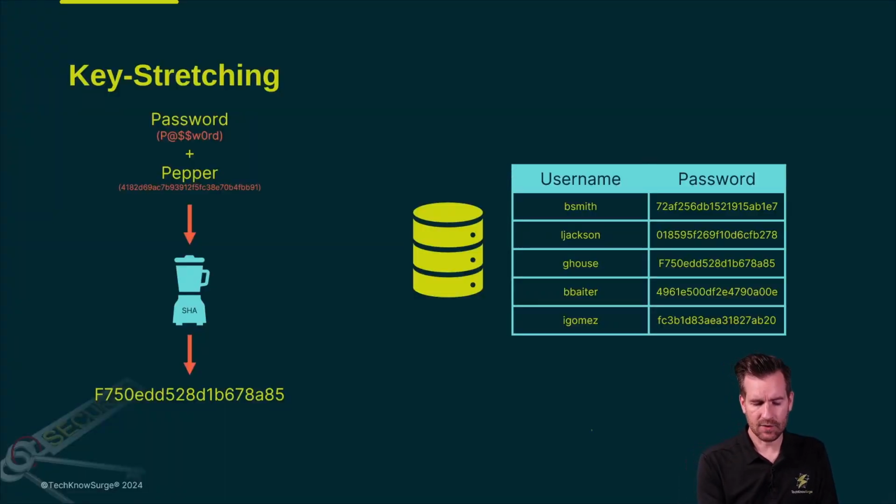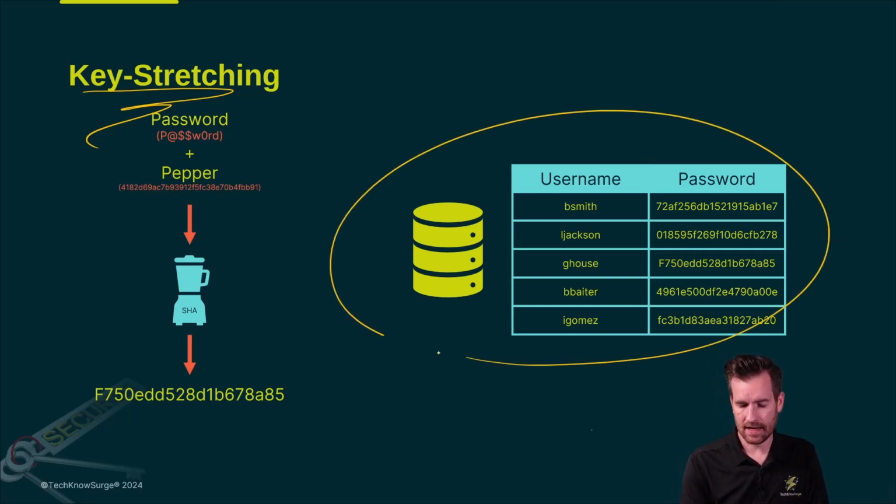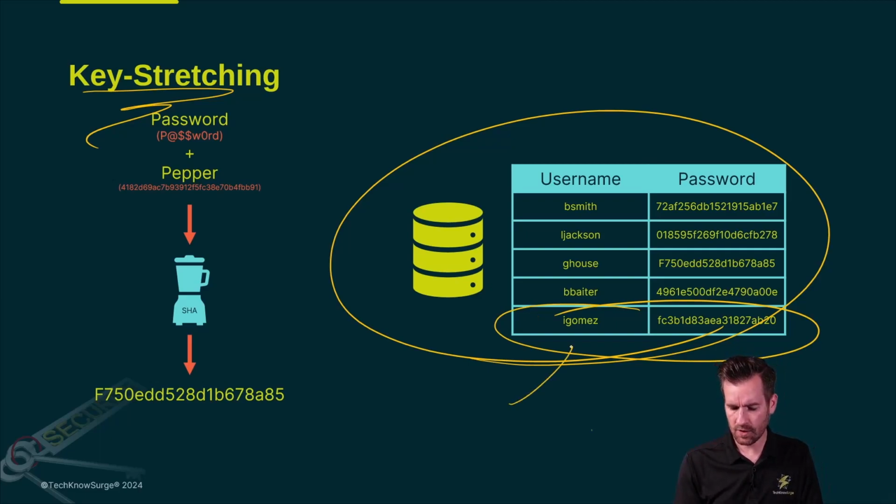One thing we can add to all of this is called key stretching. If this was a stolen database and somebody was trying to figure out the password for this user right here, they could try a bunch of different values to see if they come up with the same hash value. They're going to try a lot of different calculations, a lot of different passwords.